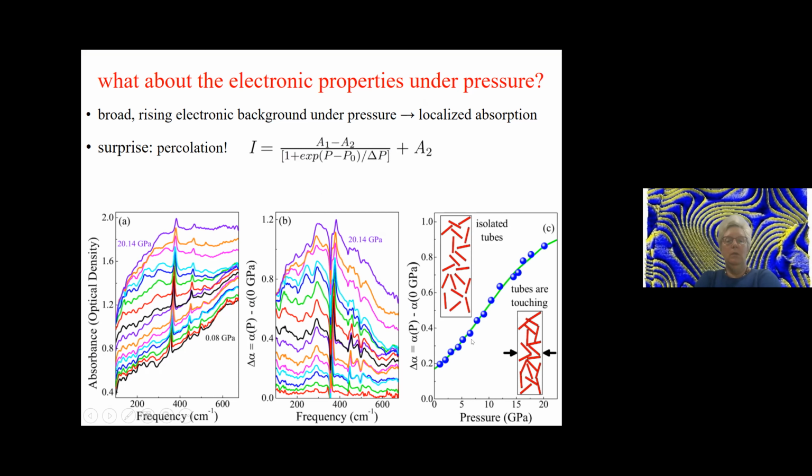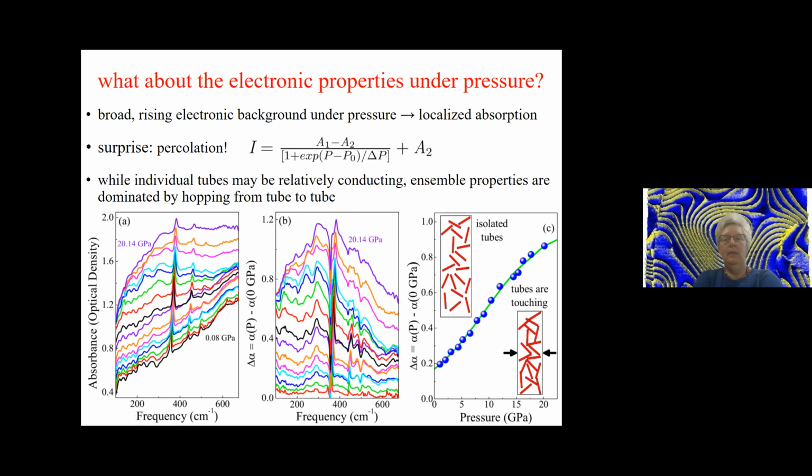So what it shows is that you always have an ensemble of tubes. This is not a single tube measurement. We could, in principle, do that with near field infrared spectroscopy. But for an ensemble measurement of isolated tubes, you still have this charge transfer or hopping between nano objects, and that hopping is clearly moving into the far infrared.